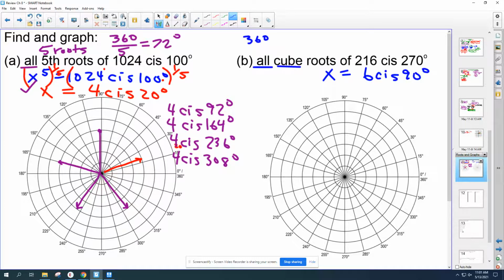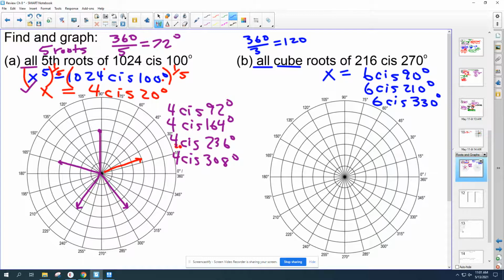But since there are 3 cube roots, they must be 120 degrees apart from each other. So just add 120. That would be, what, 210? And add 120 again to get the third one. Those are your 3 cube roots of 216 cis 270.